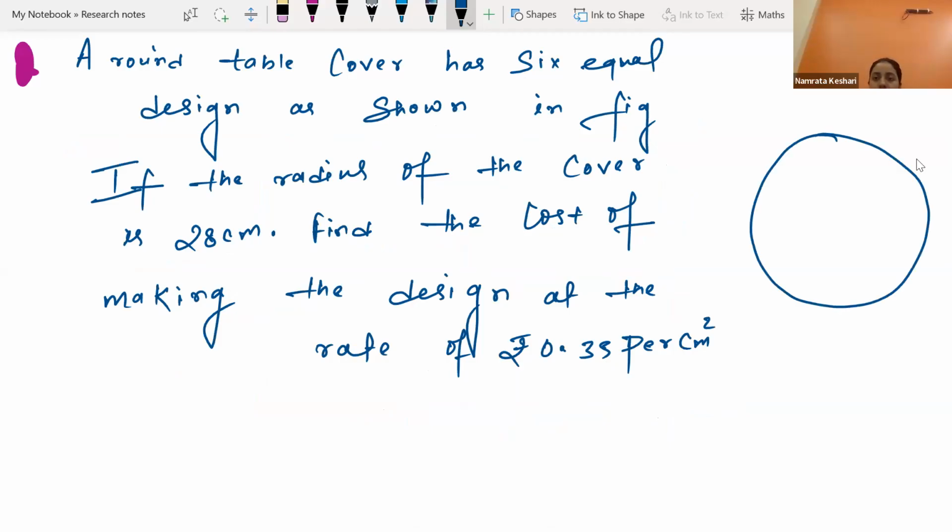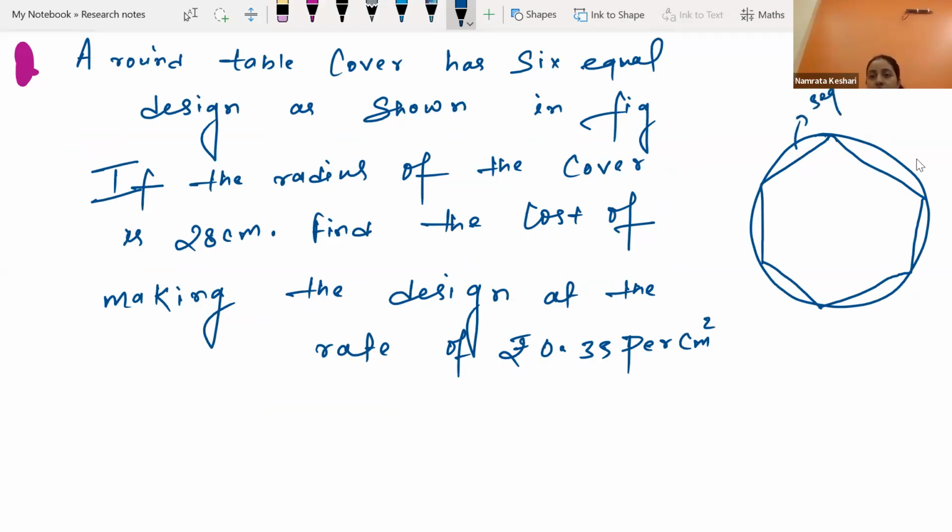So basically, we are having a table cover which looks like this. These are the segments.